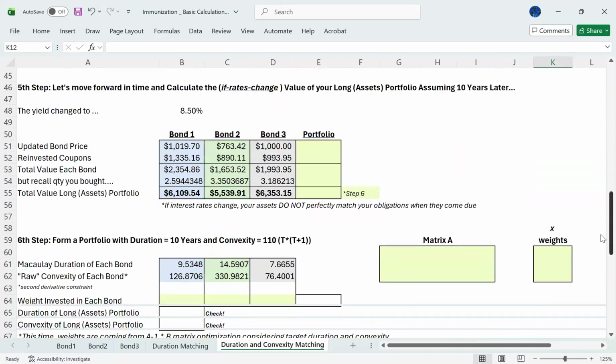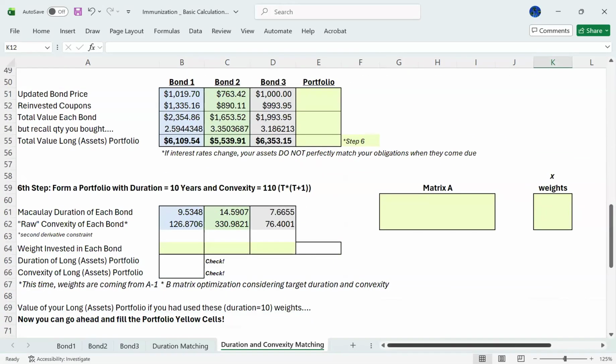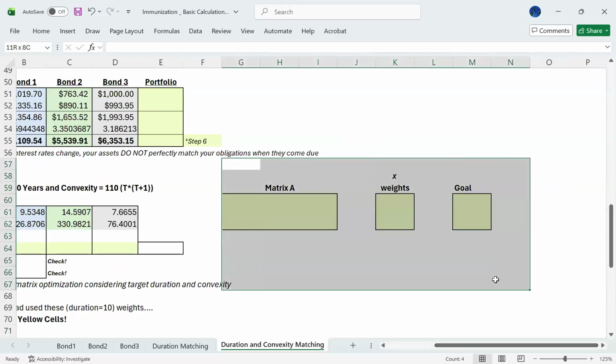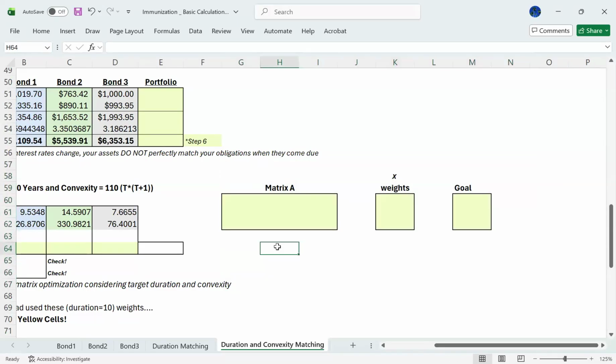Okay, so what we are going to do is first, let's look at a system of equations, and then we can also use Solver. Okay, so what is a system of equations? What I'm trying to do is have the following equations, all of them holding at the same time. Weight 1 plus weight 2 plus weight 3 has to be equal to 1.